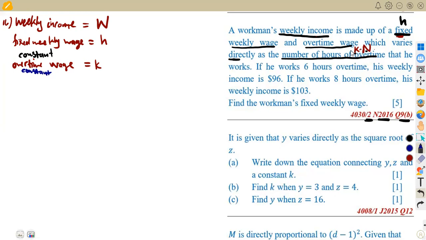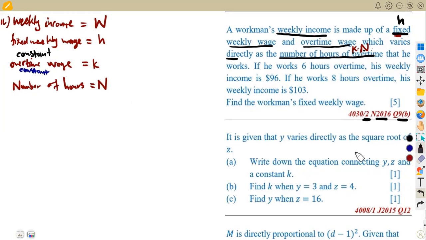The total is affected by the number of hours of overtime, which we said is N. So we're going to use the number of hours as N. You choose the letter so that when you are considering it, it does not affect you.